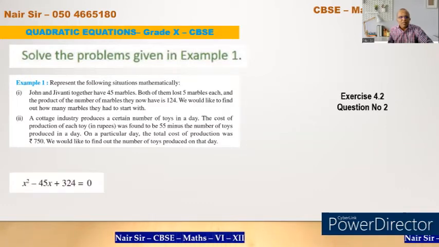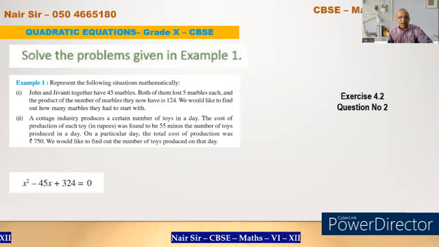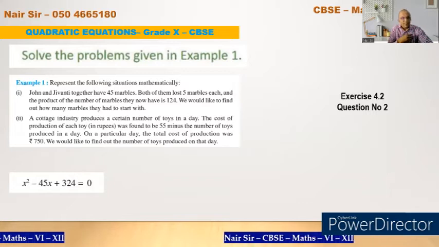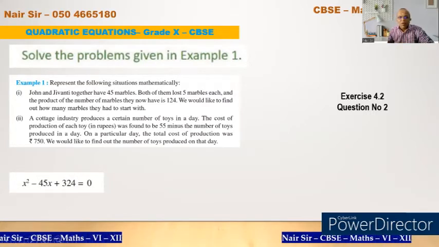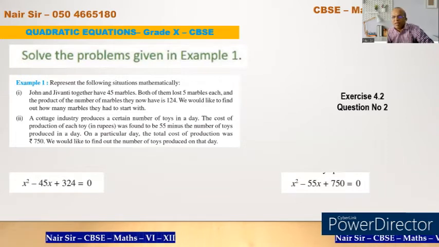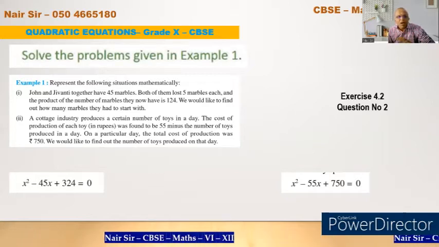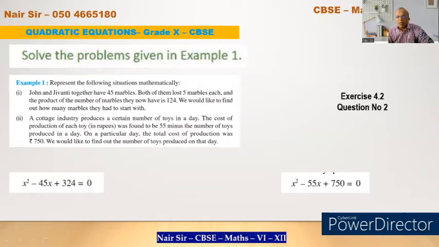The first question gives me an equation x square minus 45x plus 324, and the second one gives me x square minus 55x plus 750. I've been asked to solve this quadratic equation.